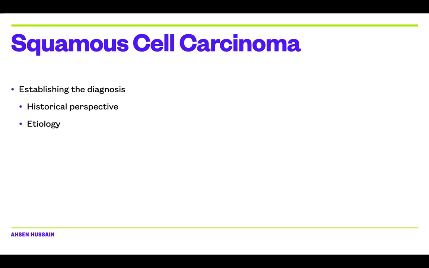Why is that the case? Well, it might be that UV radiation acts synergistically with cutaneous HPV, or human papillomavirus, and that might be the initial pathway for development of the cancer.